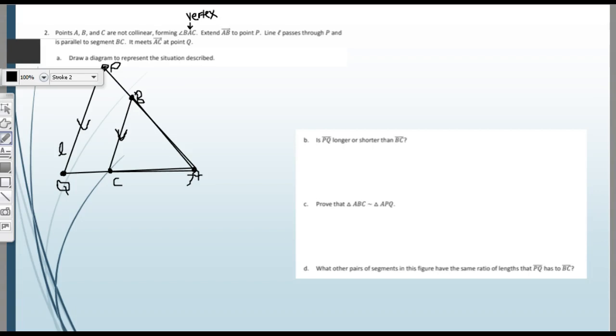Then part B, we'll go ahead and finish this problem. It says, is segment PQ longer or shorter than segment BC? What do y'all think? Kevin says longer.